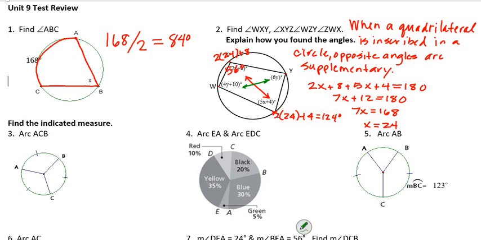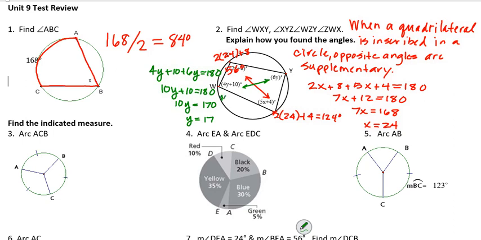Then we're going to solve for y. Here again, 4y plus 10 plus 6y equals 180. So that's 10y plus 10 equals 180, so 10y equals 170. When I divide both sides by 10, y is 17. Going to plug 17 back into both.